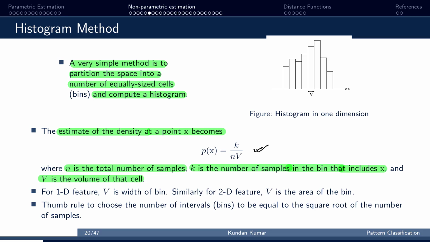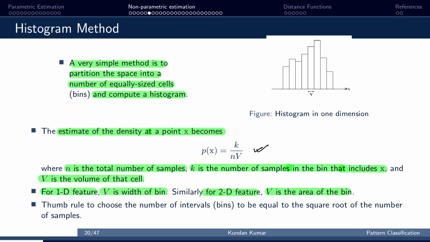Cell and bin are the same thing here. So we will find the number of samples in the volume V. If we are dealing with a one-dimensional feature vector, then V will be the width of the bin, and if we are dealing with a two-dimensional feature vector, then the volume will be our area.